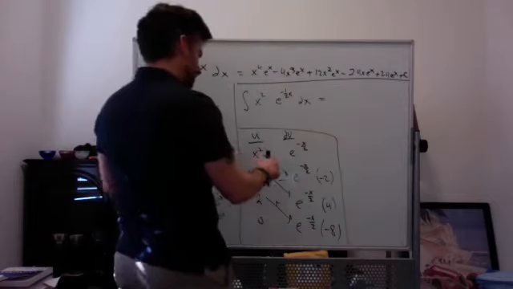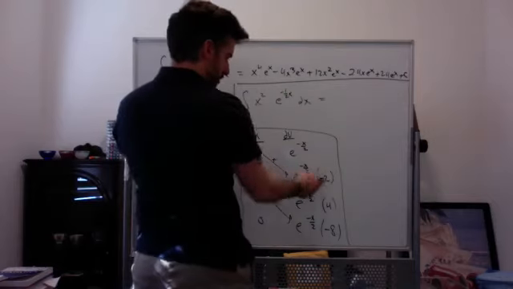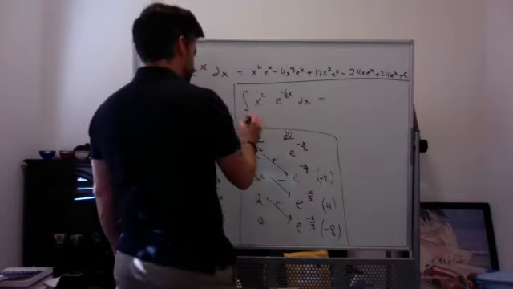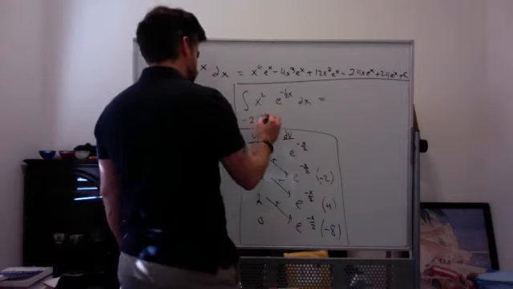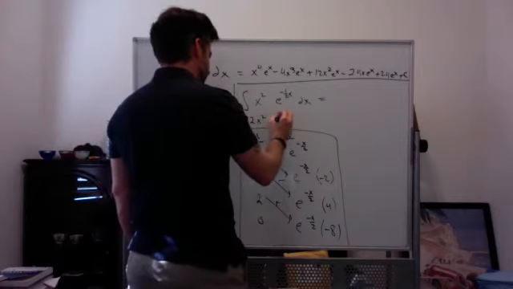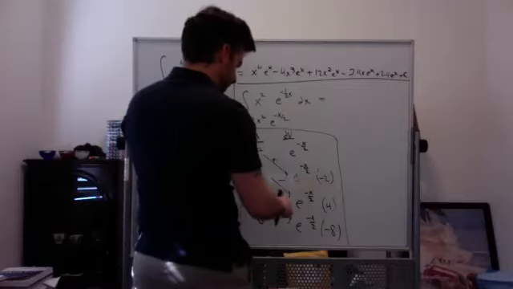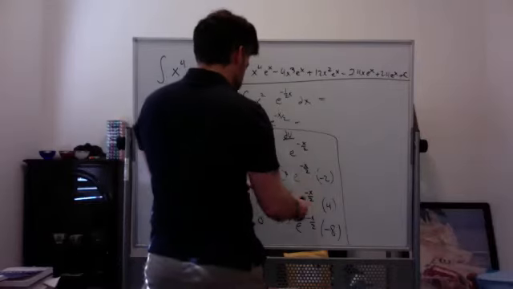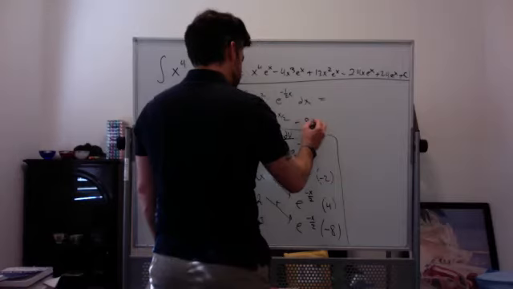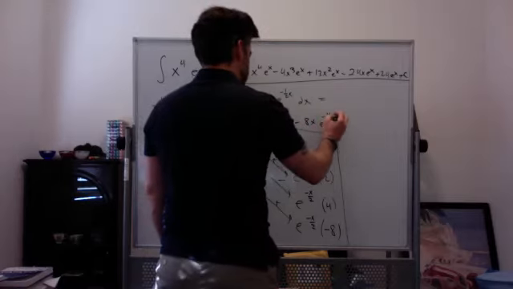And then I'm getting, let's see, x squared times e to the -x/2 is -2, so I'd probably write that as -2x squared e to the -x/2. And then minus 2x times 4 is going to be 8x times e to the -x/2.